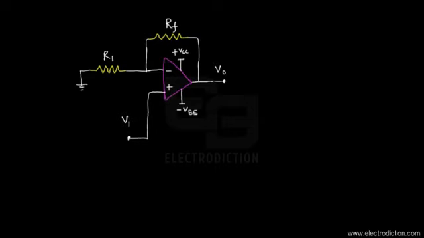From our previous experience with op-amp circuits, we know that the gain of this amplifier circuit, let's call it AF, is given by 1 plus RF by R1. So this would be the gain of this op-amp circuit.